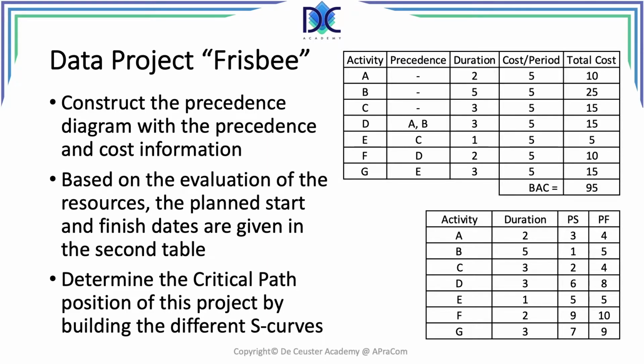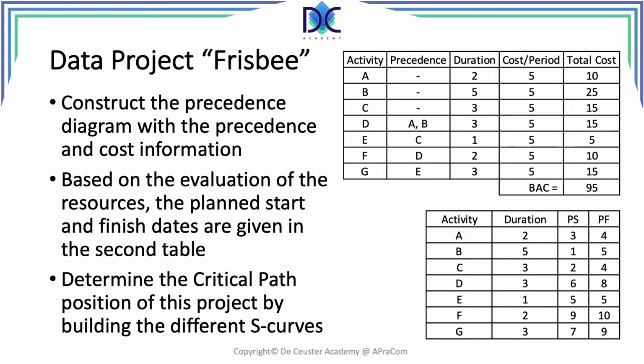With this information, you can determine, first of all, the precedence diagram. Based on the precedence diagram, we will have the early start, early finish, late start, late finish of all the activities.